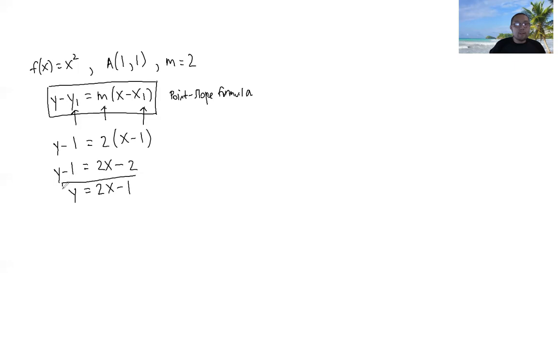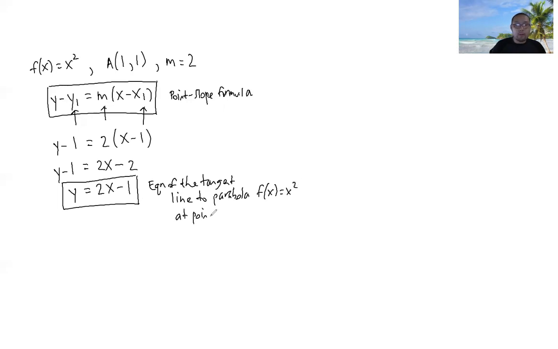And so now this is your equation of the tangent line to the parabola at point A, defined as (1, 1).